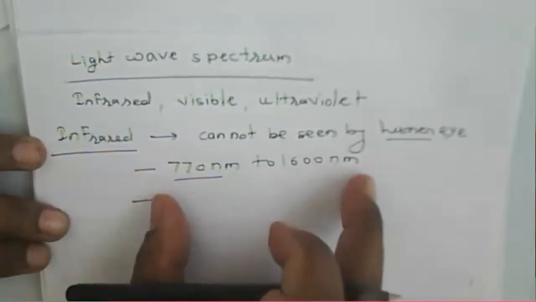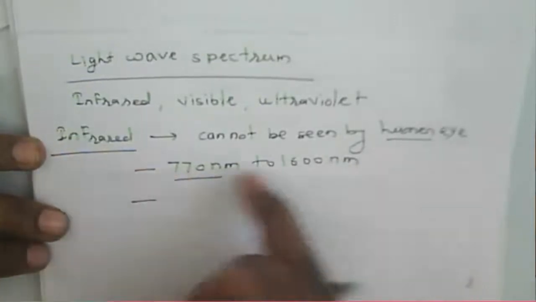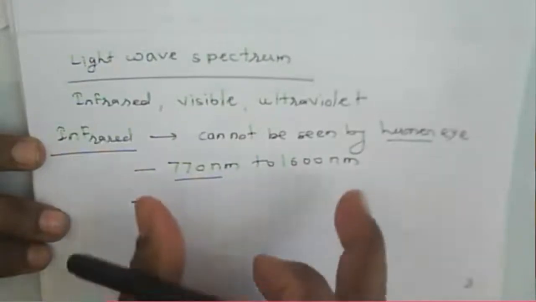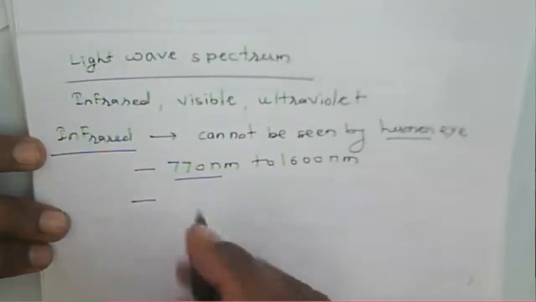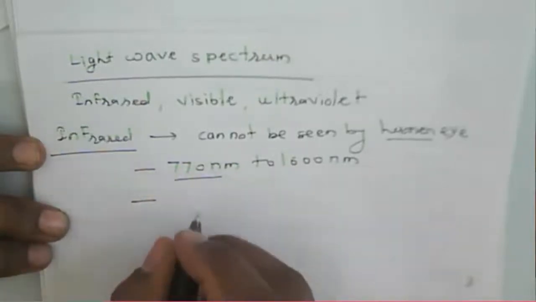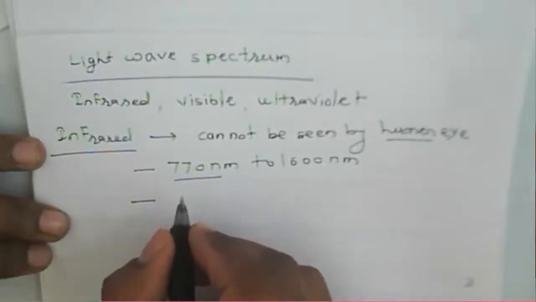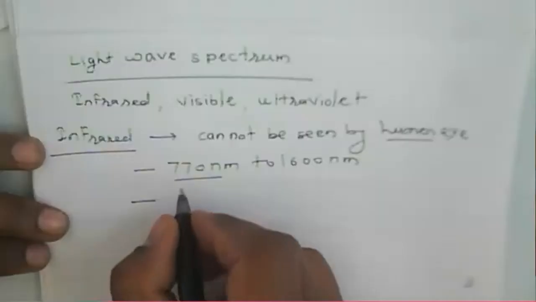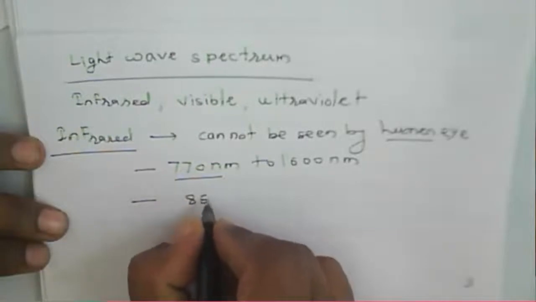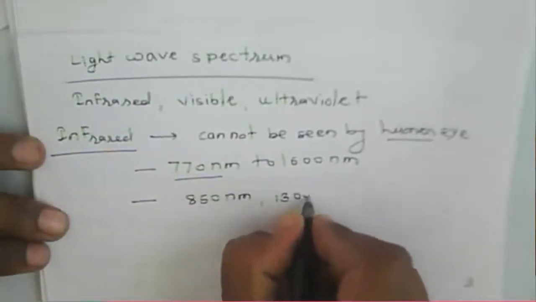But in this frequency range, the glass fiber, silica glass fiber, attenuates the signal. So at which wavelengths will that attenuation be minimized? That's why there are some particular bands, at which the attenuation is less.